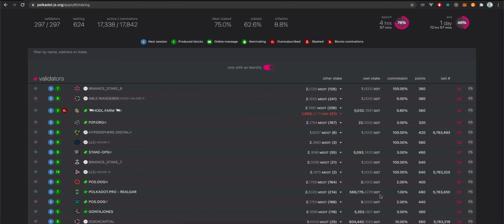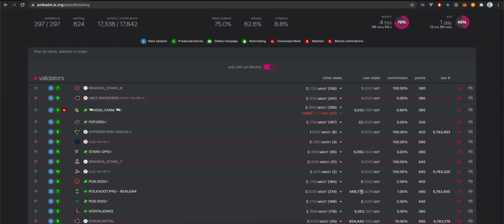Of course, we know that Binance is a pretty famous exchange, but my recommendation would be to also look at the own stake of the validator itself, because if a validator puts in just one DOT, it can misbehave, and what's next? It's just going to lose one DOT or a fraction of one DOT, and everyone else will lose a percentage.